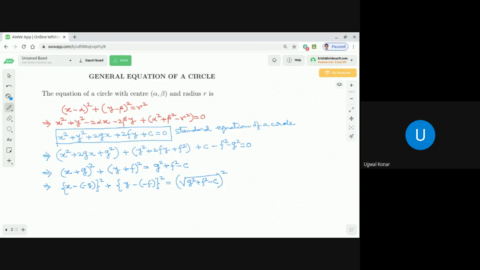Now, if we look into this equation and the equation I wrote initially, that x minus alpha whole square plus y minus beta whole square is equal to r square.